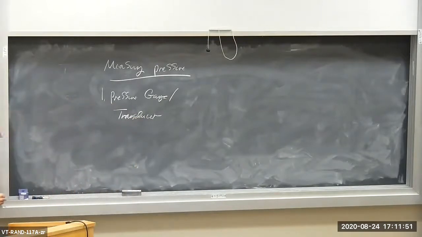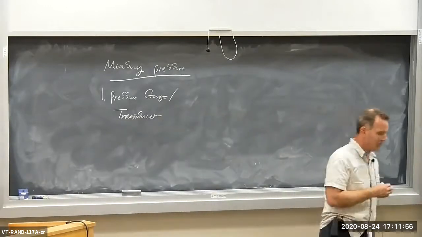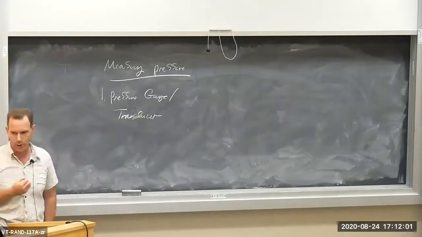Pressure transducer. That's just a device that translates pressure into an electrical signal. Instead of a dial on a gauge, it transmits it into a voltage or a change in resistance.